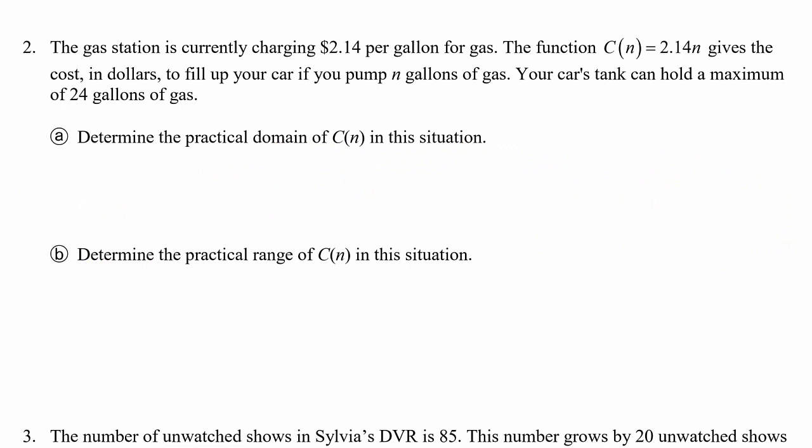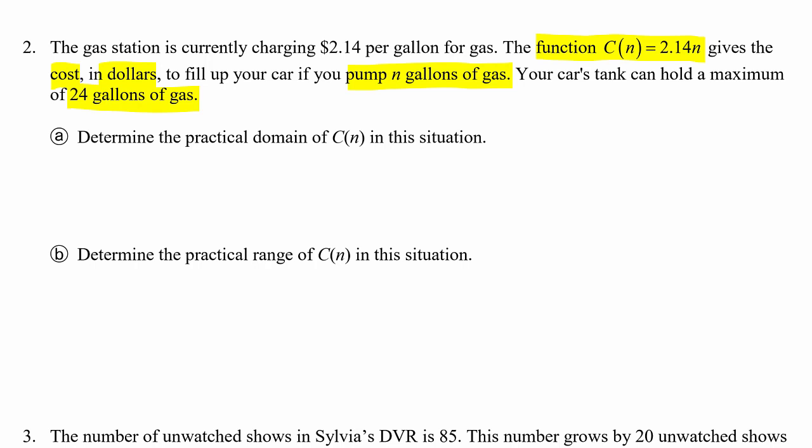Problem number 2: the gas station is currently charging $2.14 per gallon for gas. The function C of n equals 2.14 times n gives the cost in dollars to fill up your car if you pump n gallons of gas. Your car's tank can hold a maximum of 24 gallons of gas. Determine the practical domain and range.